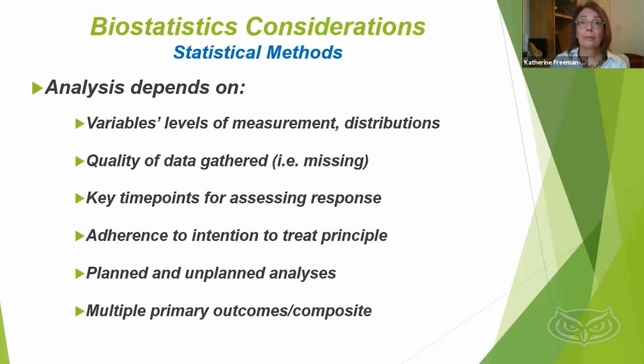So they instituted a kind of a modified intention to treat principle, which would specify a laundry list of criteria whereby we would be happy to exclude those patients from the denominator if they didn't receive any drug, and the reasons why they didn't receive drug.